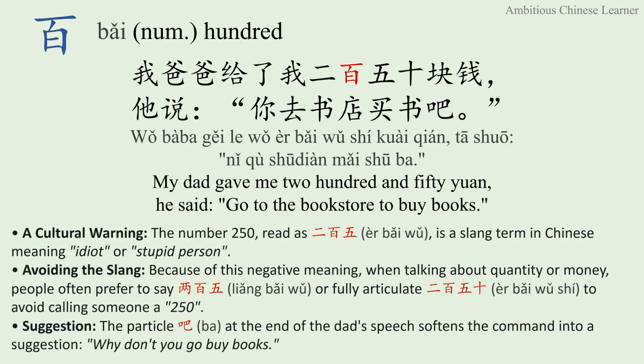Because of this negative meaning, when talking about quantity or money, people often prefer to say 两百五 or fully articulate 二百五十 to avoid calling someone a 二百五. The particle 吧 at the end of the dad's speech softens the command into a suggestion. Why don't you go buy books?